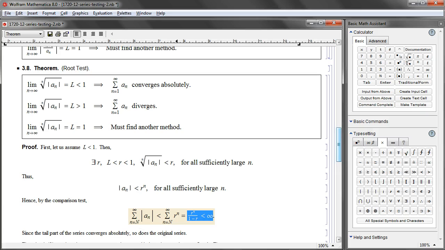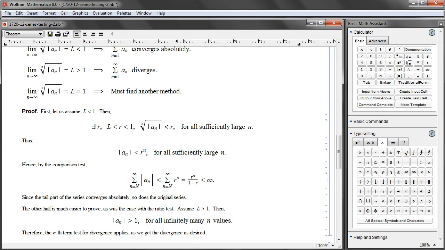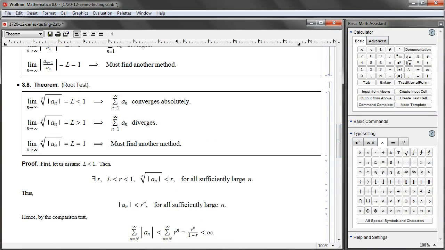So we have the convergence when L is less than 1. Now when L is greater than 1, in that case a_n is going to be greater than 1 for infinitely many n values. So the nth term test for divergence applies here. a_n in absolute value does not go down to 0, so we have to have a divergence. And that proves the root test.